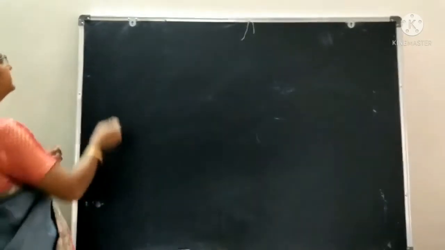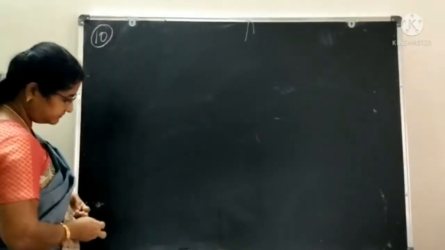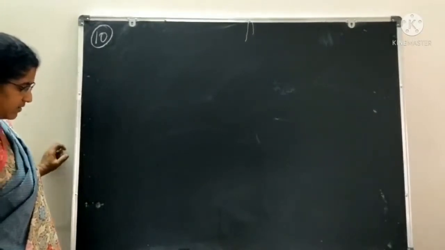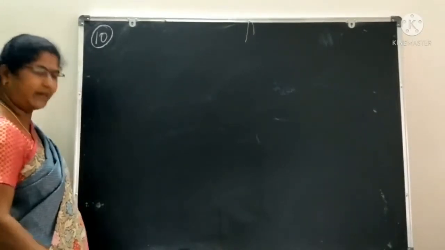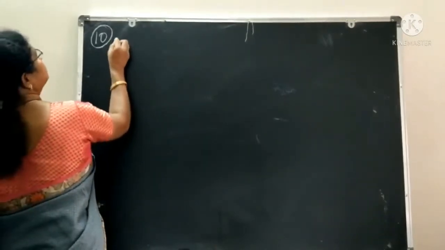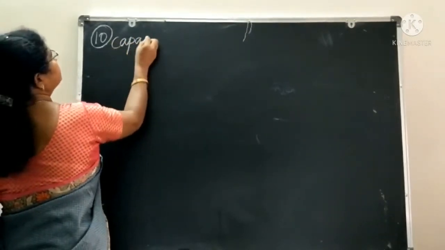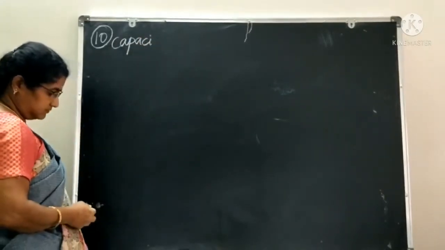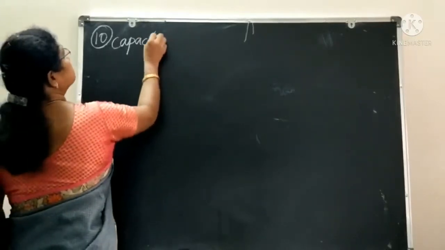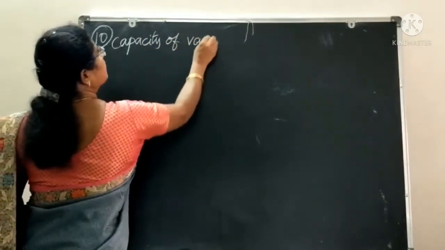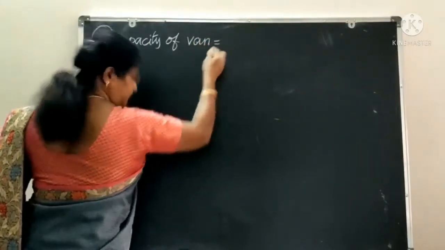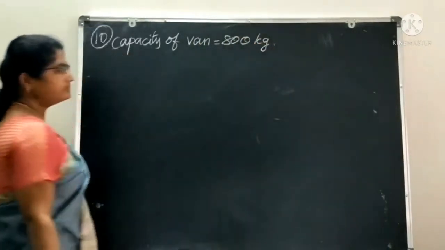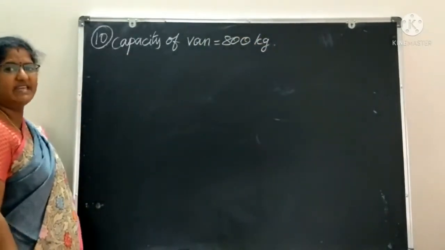Okay, let's see question number 10. Which cannot carry beyond 800 kilograms. So the capacity of the van we can write, equal to 800 kilogram. Next, weight of each box.